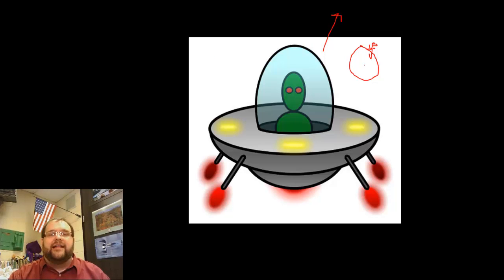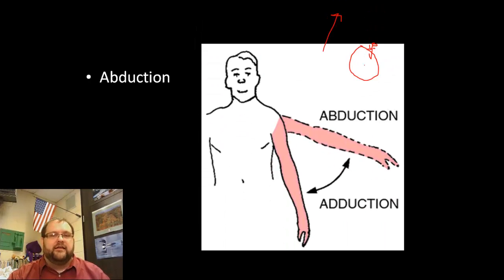We're going to use that same term in a different context. So if we look at this, abduction is a muscle that pulls the limb away from the body. So an abductor muscle is going to pull the limb away from the body.